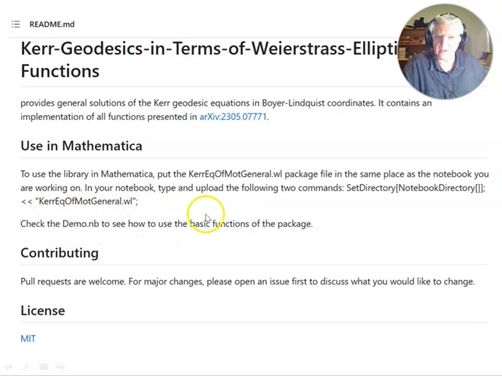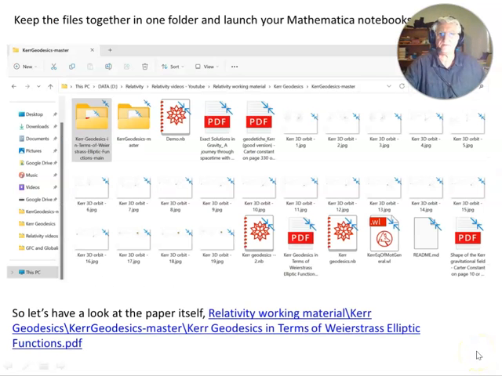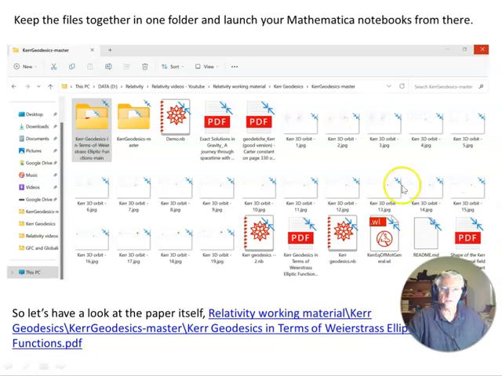There's a demo notebook included that gives you examples of how to do things, and a couple of videos I've shown you as well. So just keep all the files together in one folder and launch your Mathematica notebooks from there.